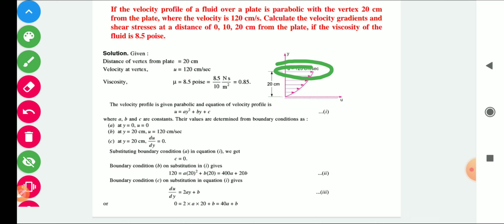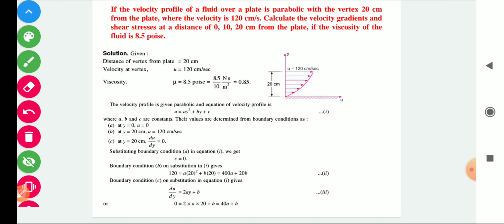So at maximum velocity, du by dy will be equal to 0, or we can say at y equal to 20, du by dy equal to 0, because u is the maximum velocity and it is constant. The differentiation of a constant value will be equal to 0.